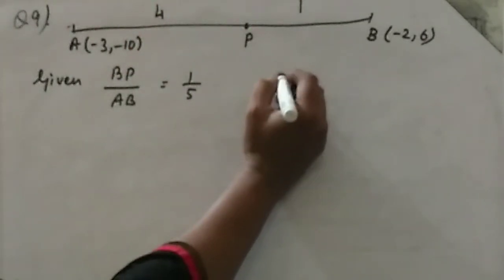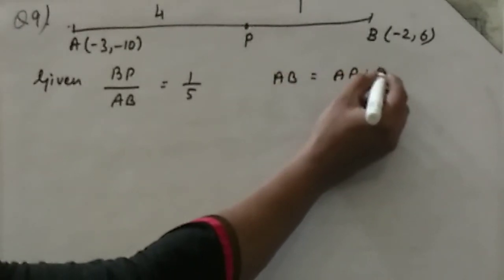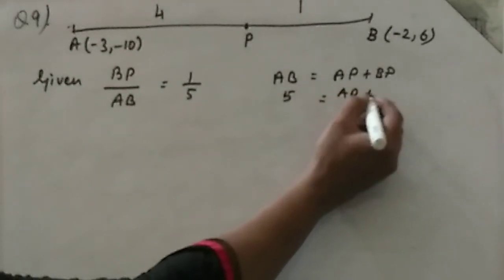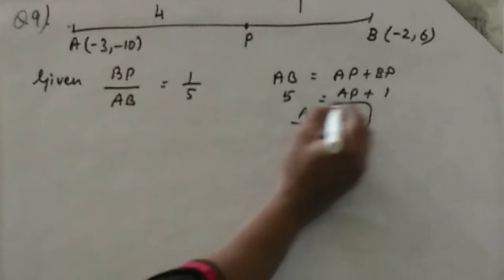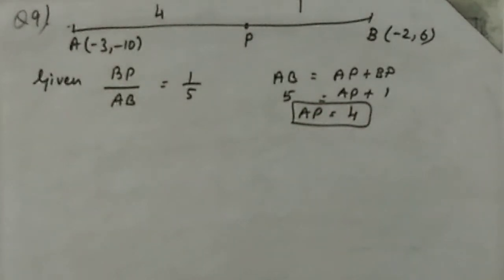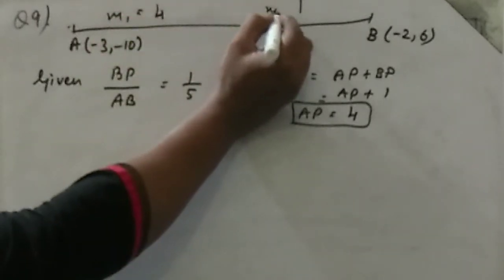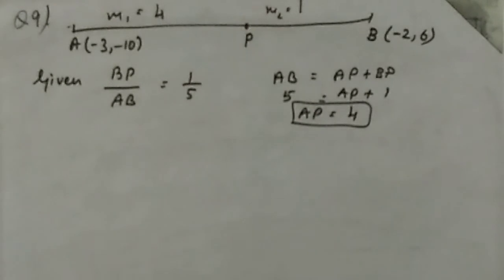AB is equal to AP plus BP, so 5 equals AP plus 1. Therefore AP is equal to 4. Now M1 is 4 and M2 is 1. Now we can find the point P.